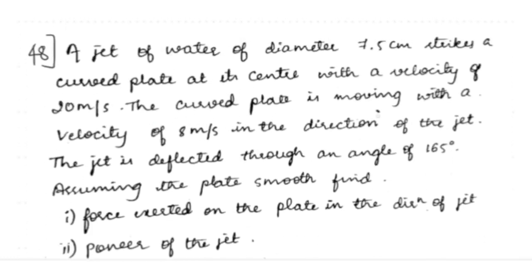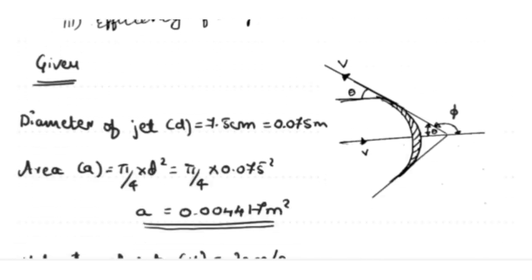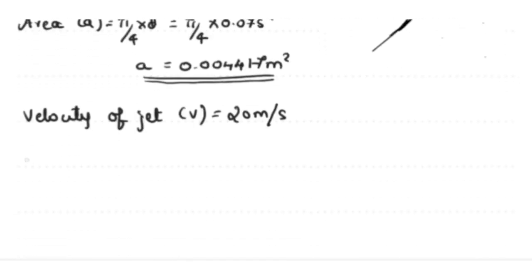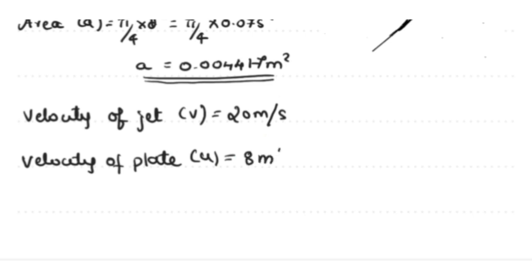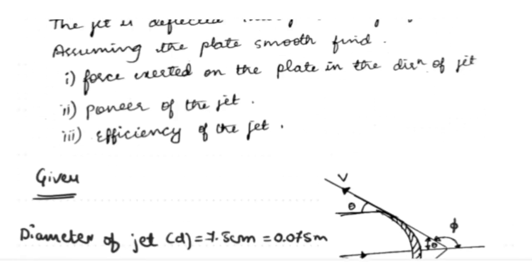Now the curved plate is moving with a velocity of 8 meter per second. That is the velocity of the plate, so we'll take it as u is equal to 8 meter per second.